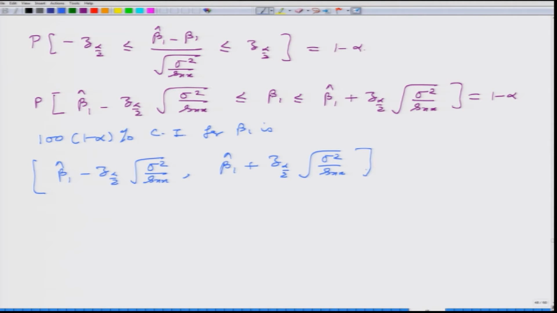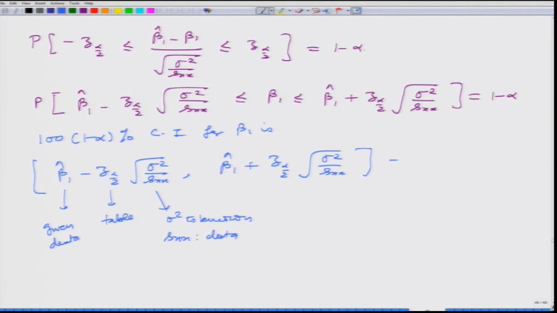Right. So, you can see here that this beta 1 can be obtained from the given data, and z alpha by 2 can be obtained from the table, and sigma square is known, and Sxx can be obtained from data, and the same thing over here on the right hand side of the interval.